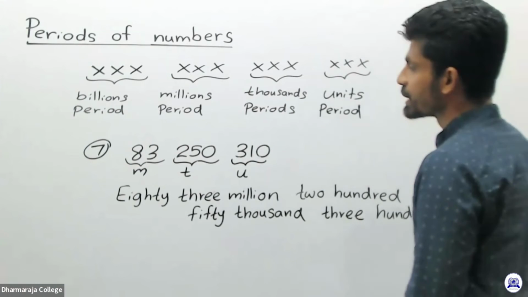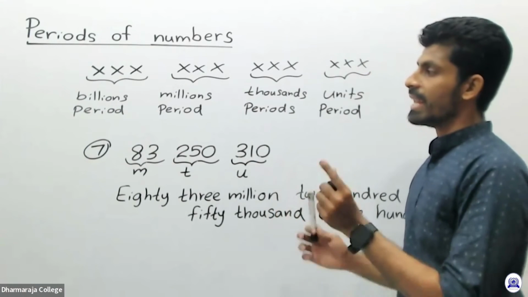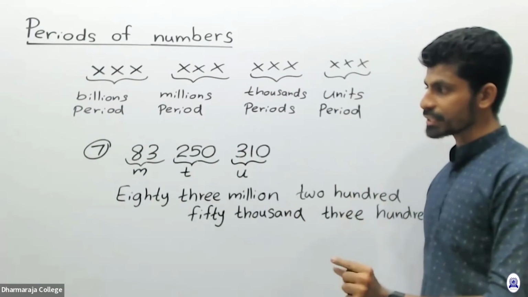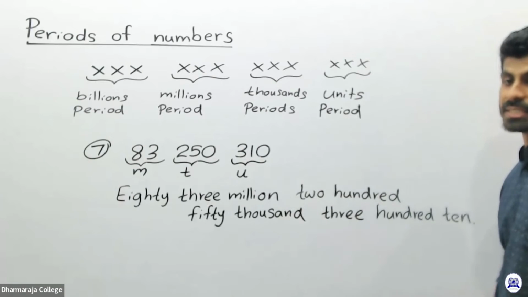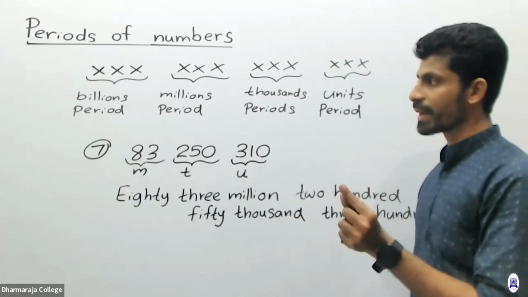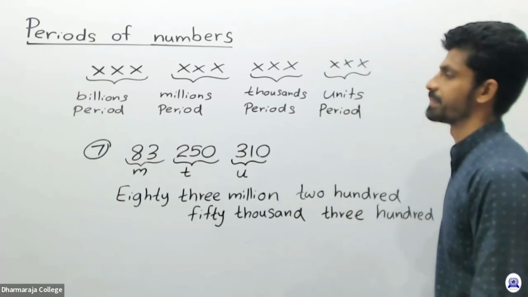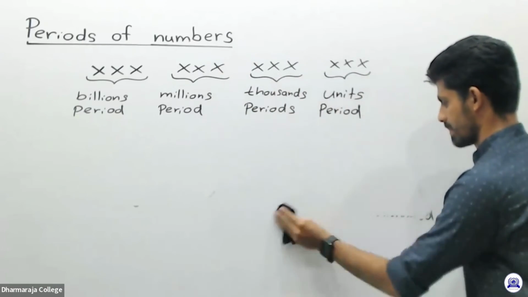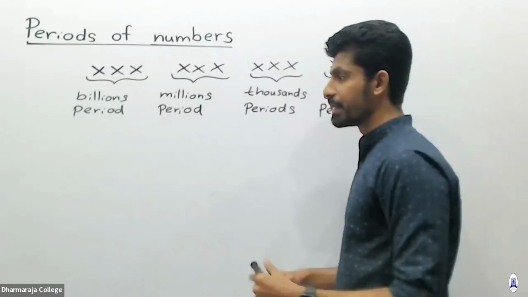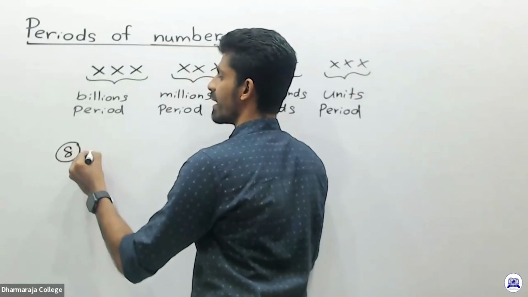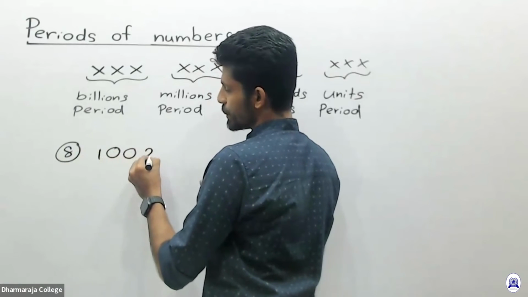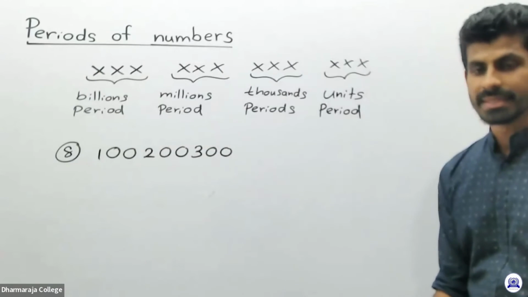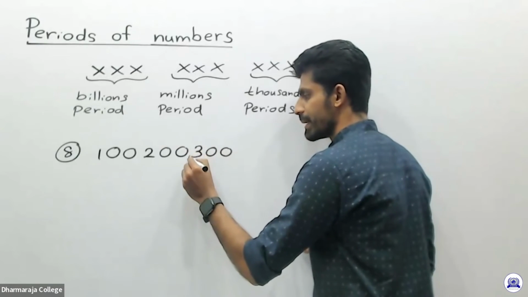Question number 8. Last question from the millions period. Just quickly know this one. 100, 200, 300. 1, 2, 3, comma.